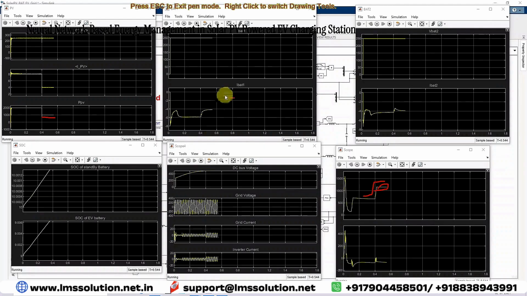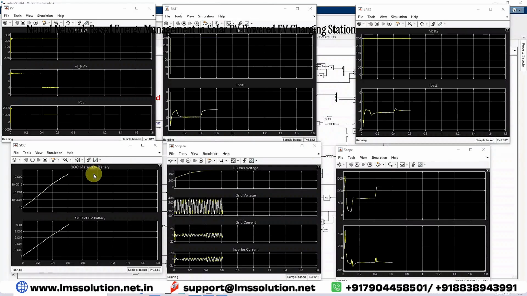Here the storage battery current is negative and EV battery current is negative. Still the SOC of the standby battery and EV battery is increasing naturally. That means charging mode, this is sharing of current of the inverter. That means grid. Next you can see that the PV power is decreasing because of decreasing radiation.